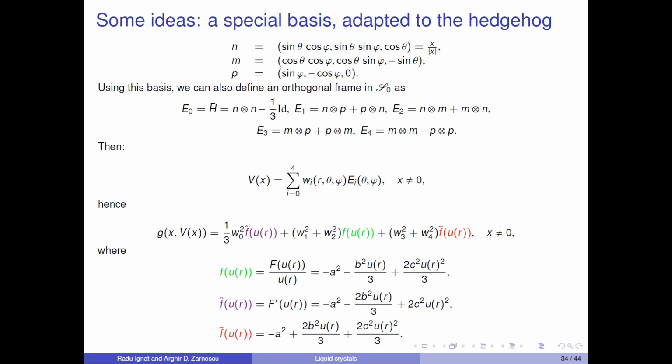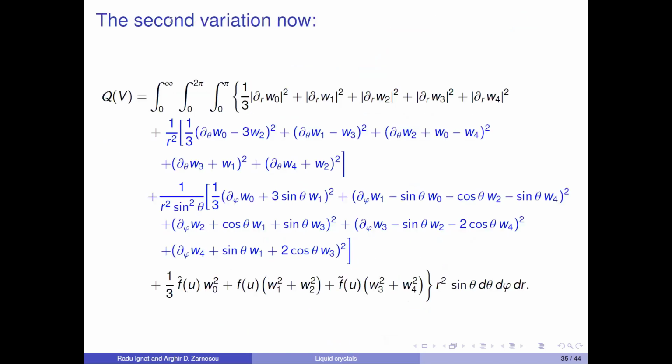Okay, so again, you do this decomposition into a special basis, now you have R, theta, and phi. So the basis depends on theta and phi. It respects the spherical symmetry, and you try to reduce everything just to R. It works to some extent. Mainly, this part of the second variation reduces to something like this, and then you also have some decoupling in the components.